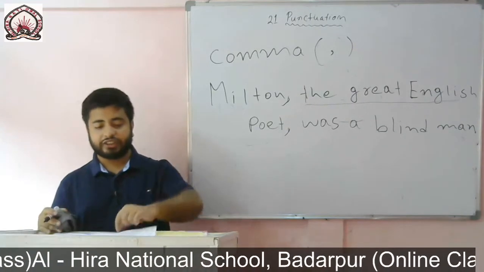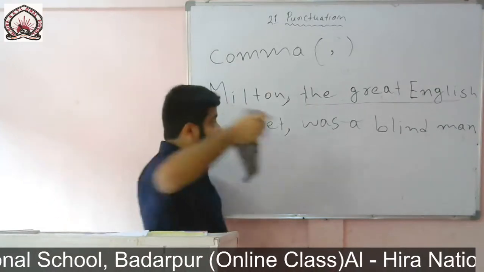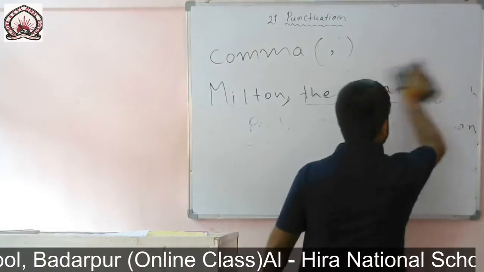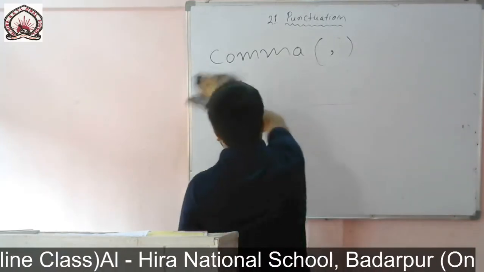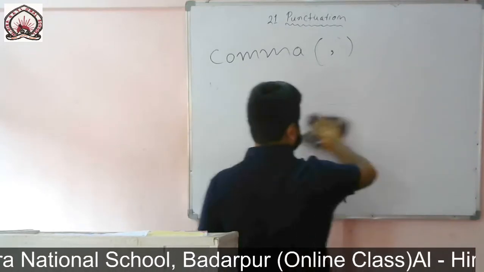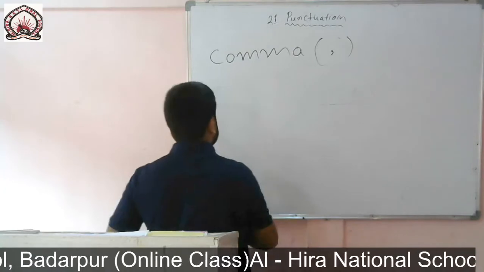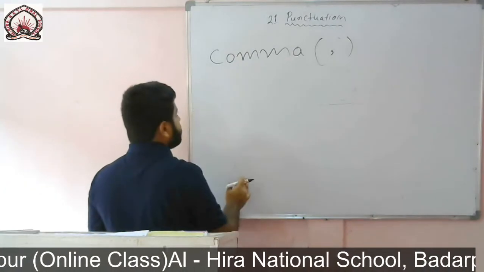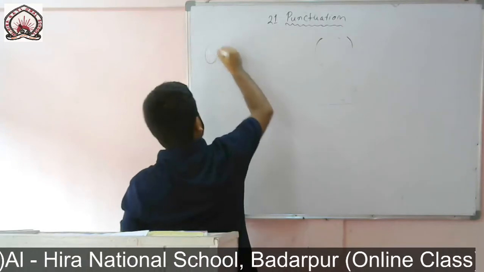So if we find extra information or an adjunct in a sentence, then we have to put comma. Now the next is question mark.